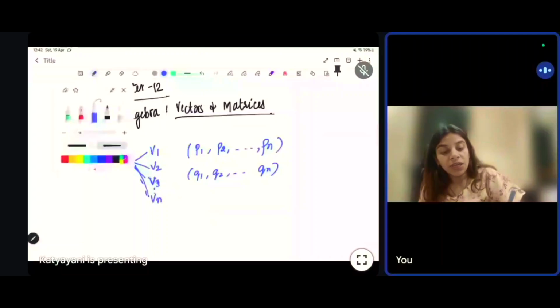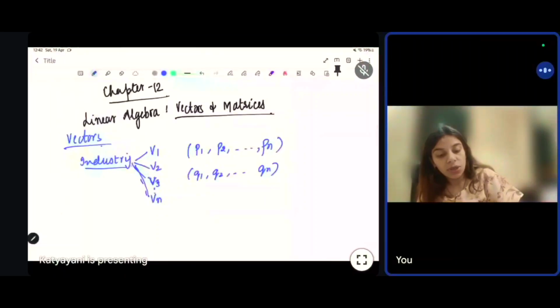So we can formally write down what is the definition of a vector.